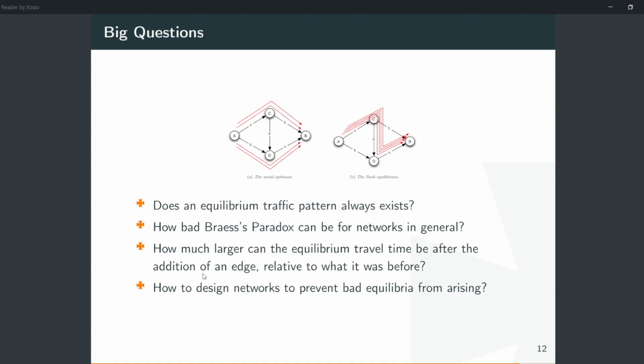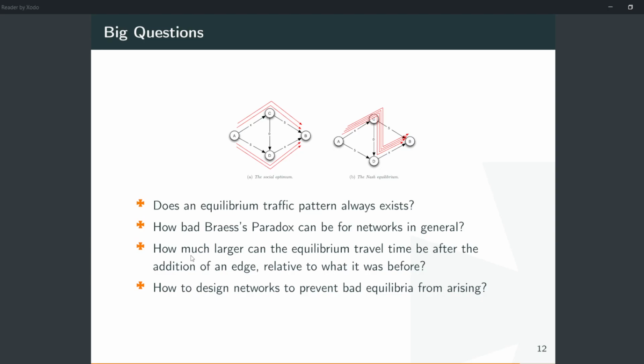And there are many more questions you can think of. How much larger can the equilibrium travel time be after the addition of an edge relative to what it was before? And how to design networks that prevent bad equilibria from arising. These are great topics that you can tinker and think upon.